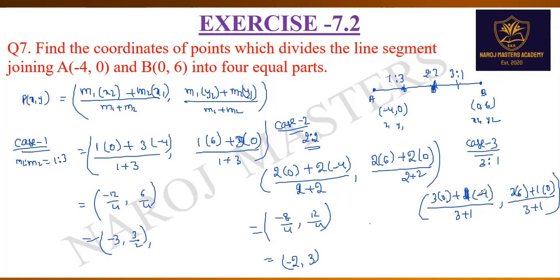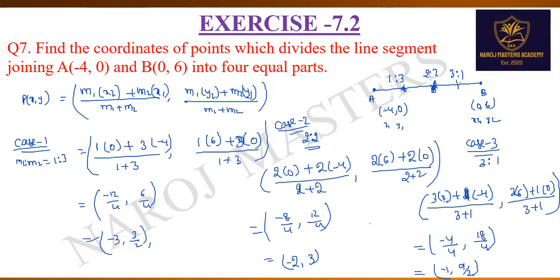Here x2, x1, y2, y1 like that, the same formula. 3 into 0 is 0, minus 4 by 4 here. This is 18 by 4. So this is minus 1, comma, 18 by 4 means 2 nines, so this is 9 by 2. So these are the coordinate points. Okay?